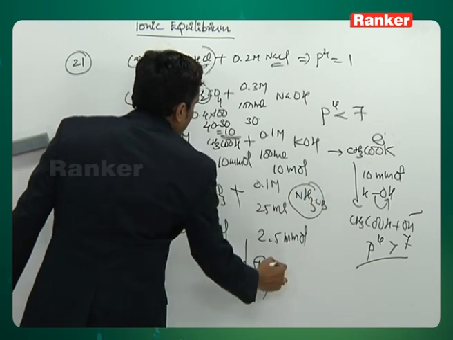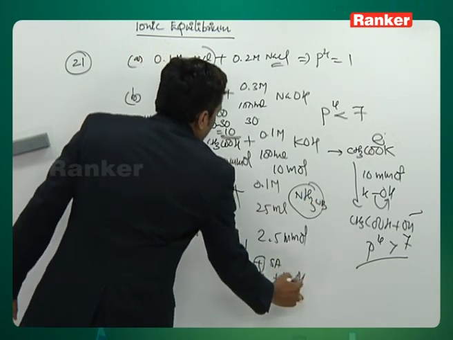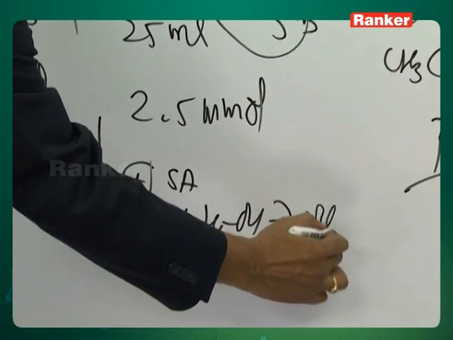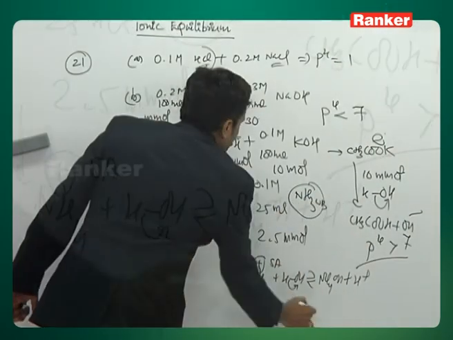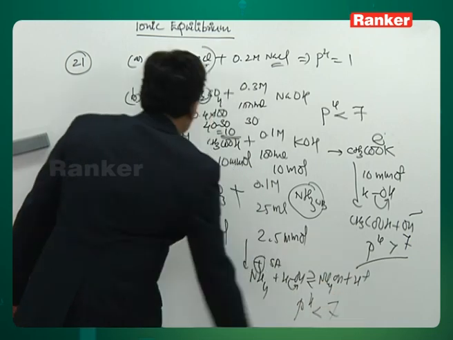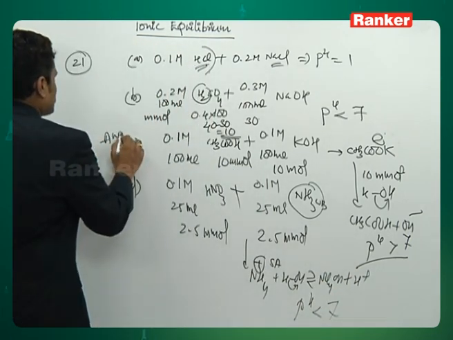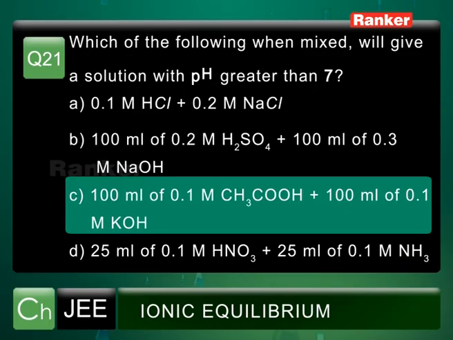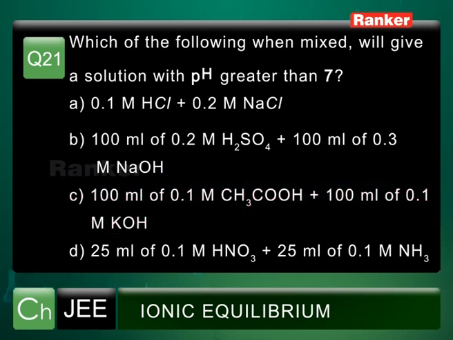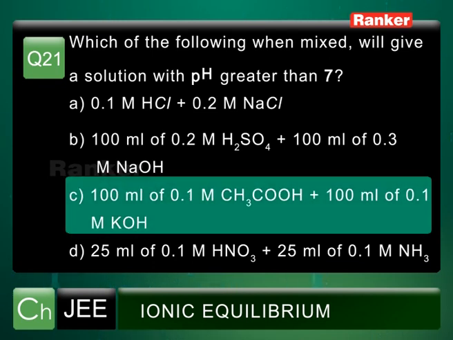Hence this is a strong acid, which is going to react with water again, but this time when it reacts with water, you are going to get H plus ions with pH less than 7. So the only option which is matching the question is option C, whose pH is greater than 7.